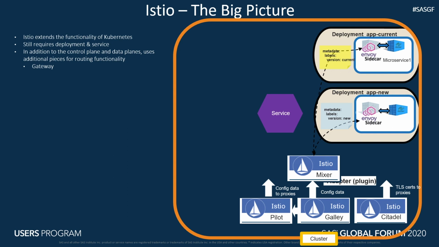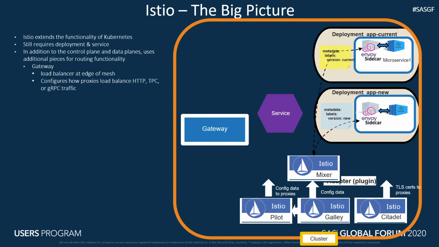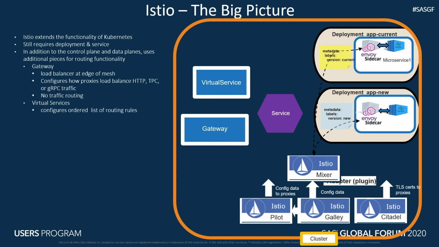In addition to the control plane and data plane portions of Istio, as we talked about, we have the additional pieces for routing functionality. We have the gateway, which has the load balancer at the edge of the mesh and configures how proxies load balance HTTP and other kinds of traffic. It doesn't do any traffic routing, but we have virtual services that configure the list of routing rules.